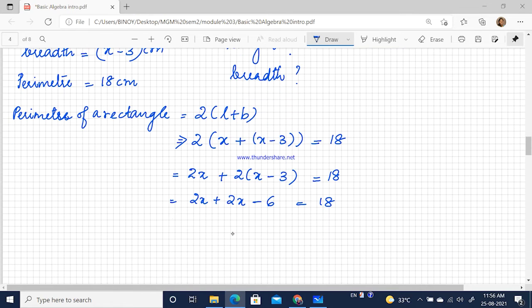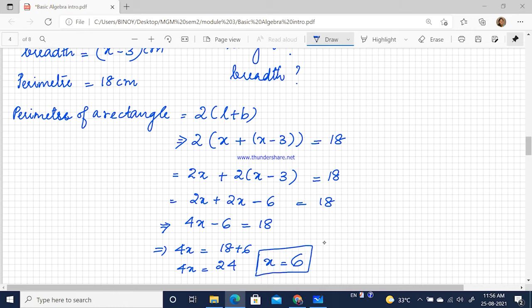So that is 4x minus 6 is equal to 18. So 4x is equal to 18 plus 6, that is 4x is equal to 24. So x is equal to what? x will be 6.